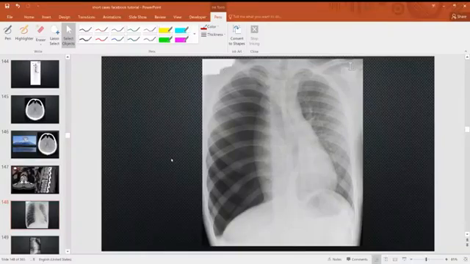What is this? This is the last case, our last case. What is this? It is simple. Can you hear me?